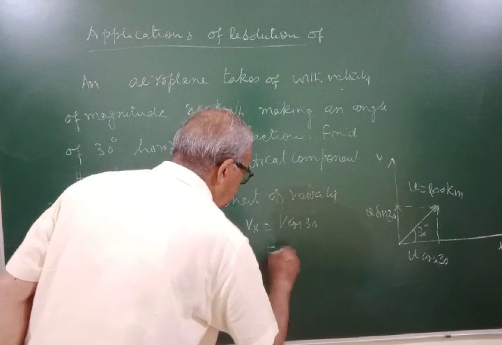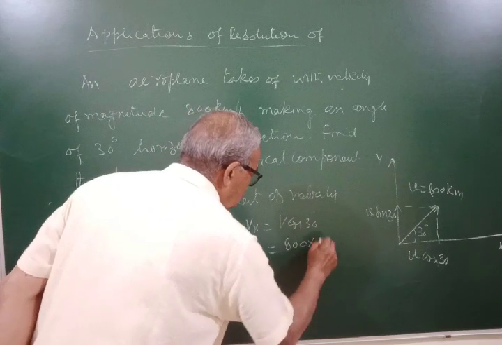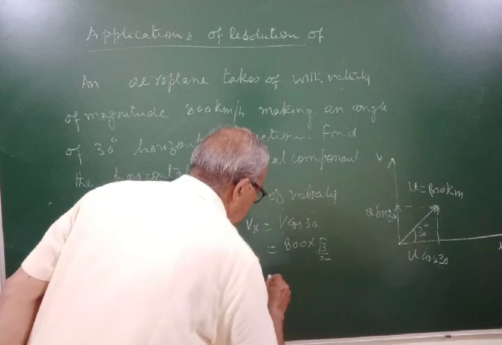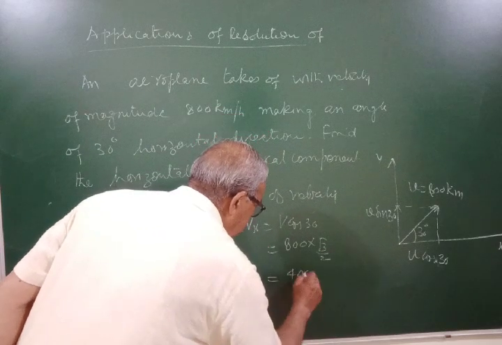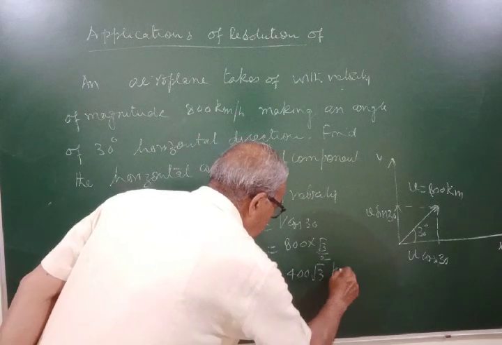V is 800, cos 30 is root 3 by 2, so it comes to 400 root 3 kilometer per hour.